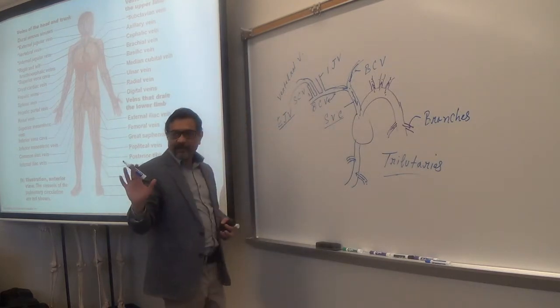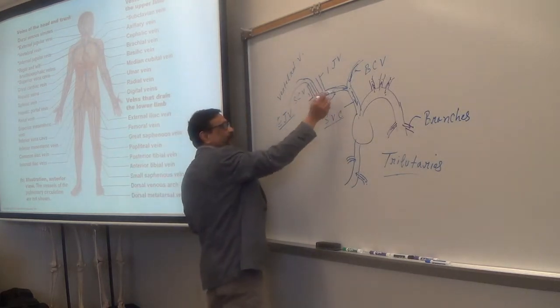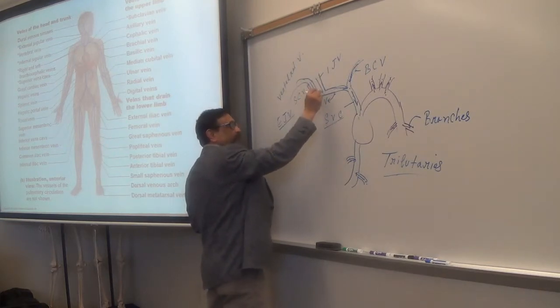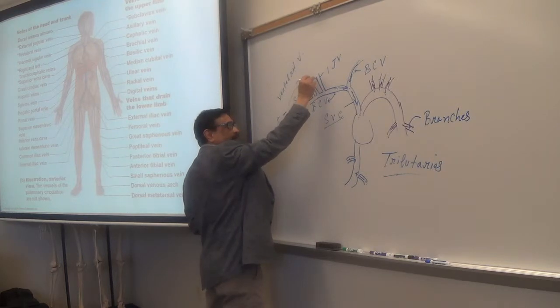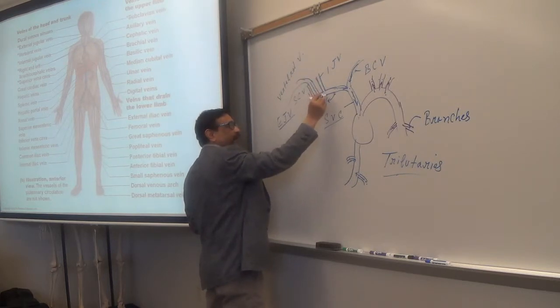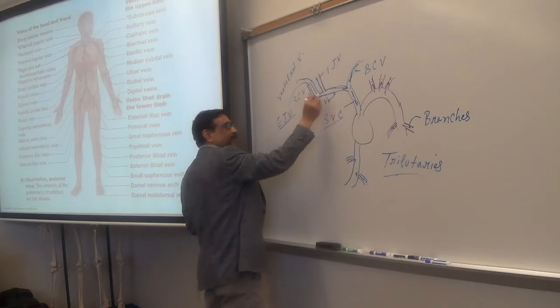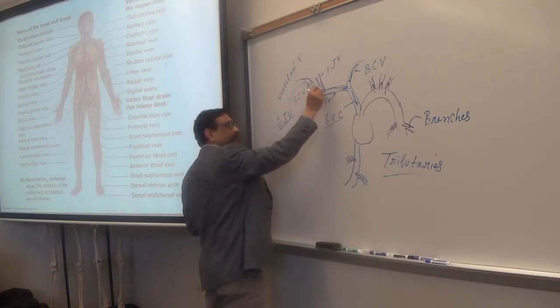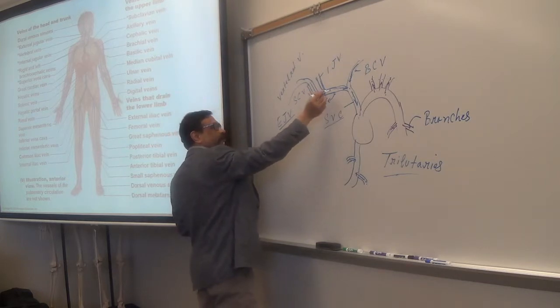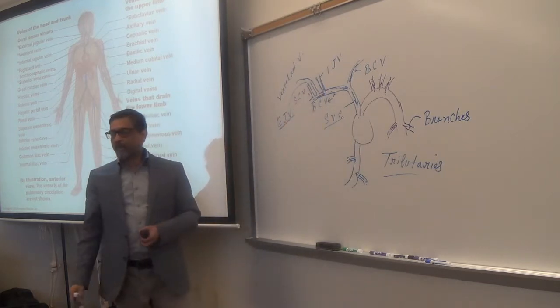Make sense? Okay, then let's see brachiocephalic. Brachiocephalic divides into internal jugular and subclavian. So this is subclavian, this one, and this is internal jugular. They give blood to the brachiocephalic vein.